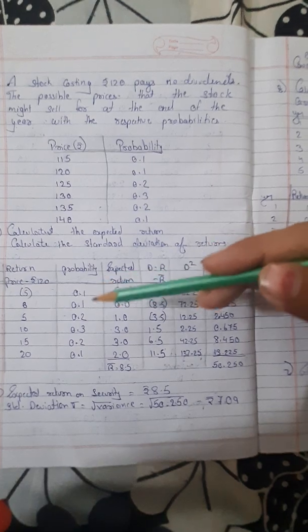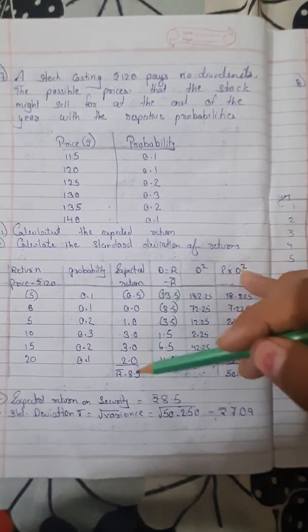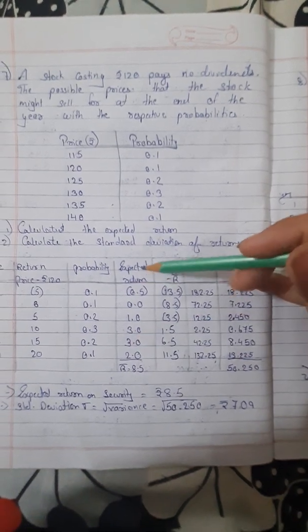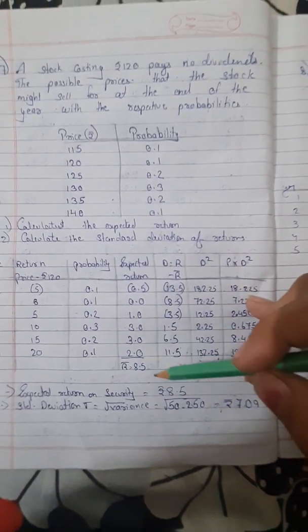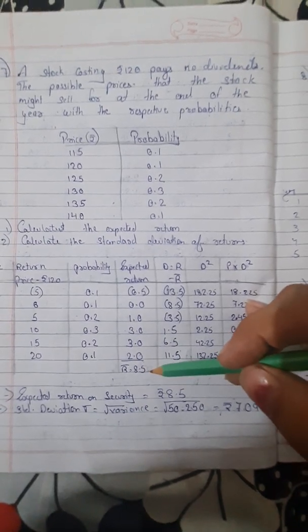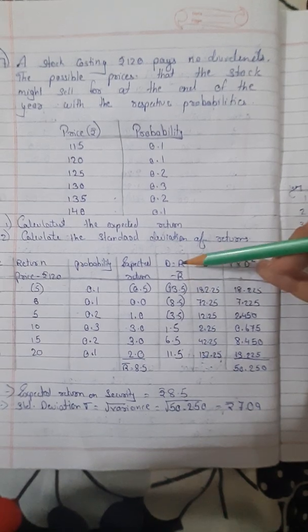Then further multiplying returns and probabilities, we will get these answers, and the total of expected return would be R bar, which is 8.5, the mean of returns.